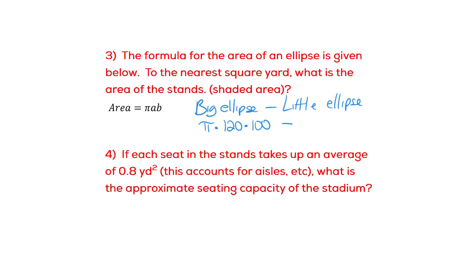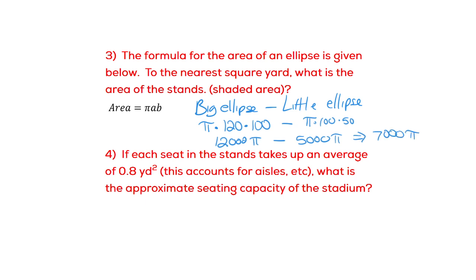Minus, same formula for the little ellipse, it's going to be pi, but on the small ellipse, we went left and right 100, we went up and down 50. All right, so I'm not even going to my calculator here. I just know this is 12,000 pi minus 5,000 pi, which is going to equal 7,000 pi.